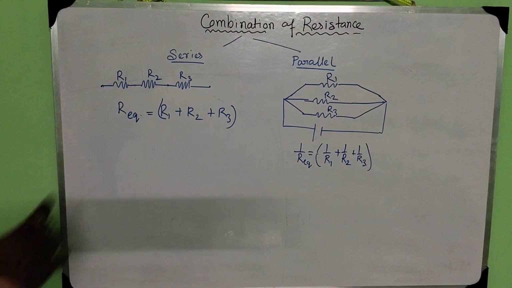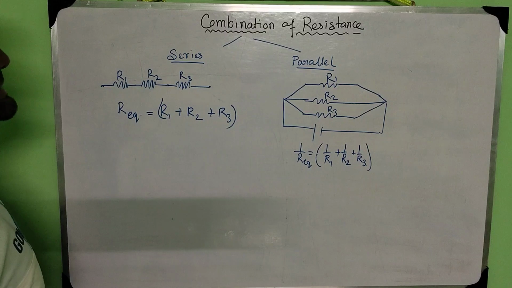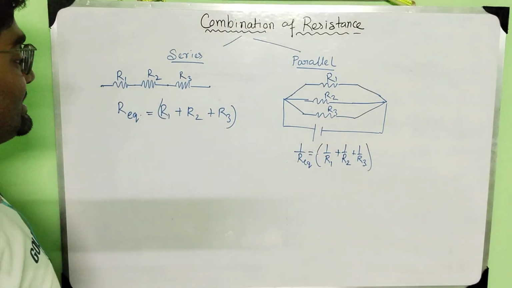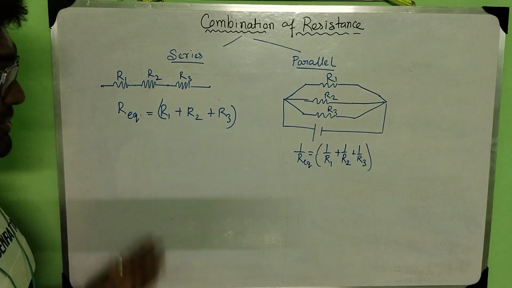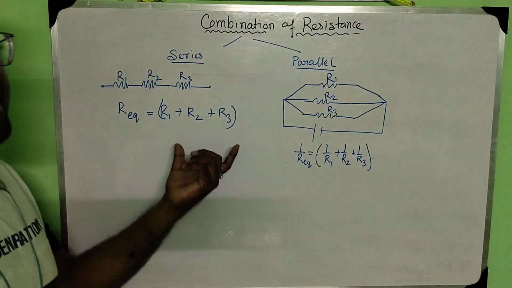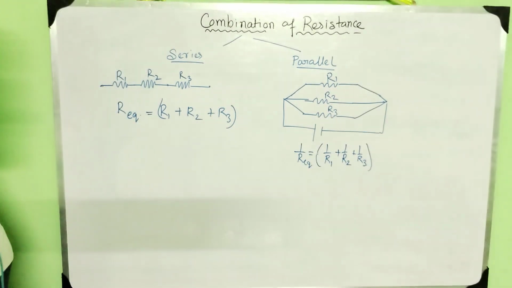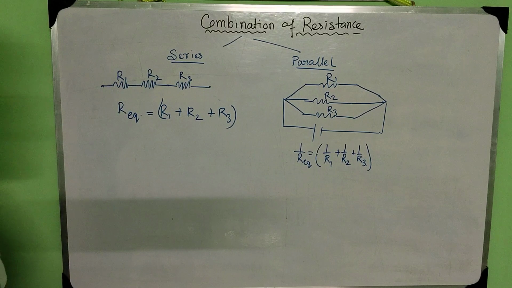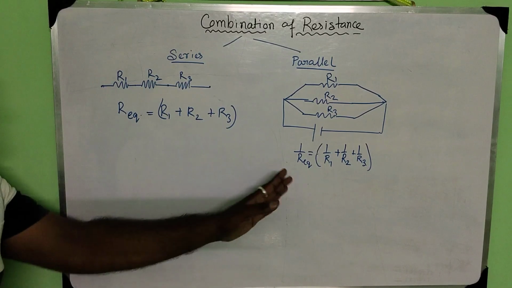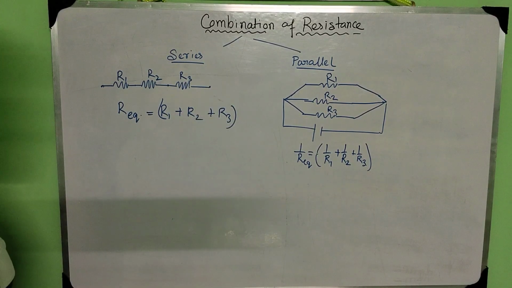Today we will derive how the equivalent resistance for series combination is the simple addition of the resistances, and in case of parallel, it is the addition of the reciprocals of the resistances.